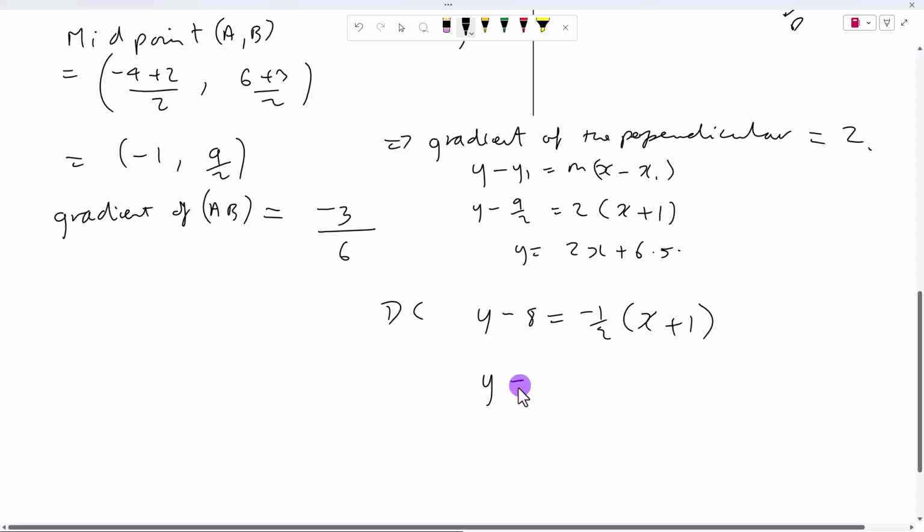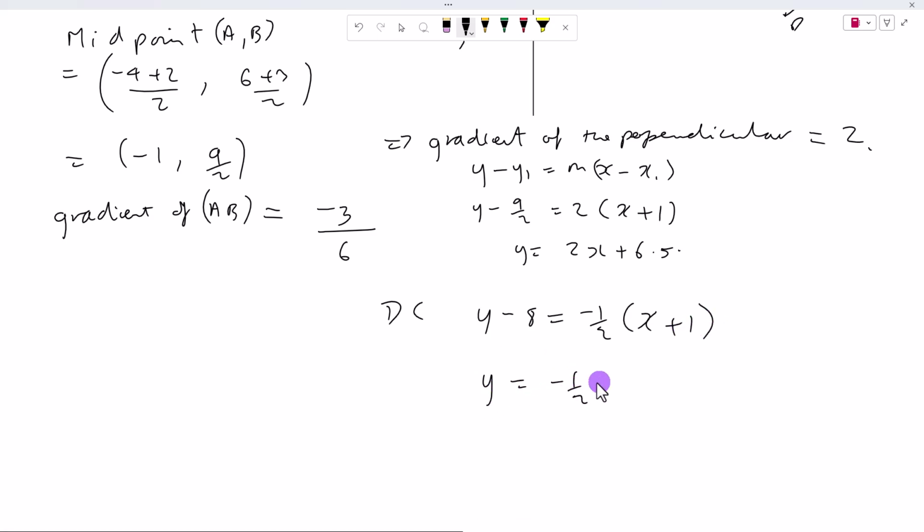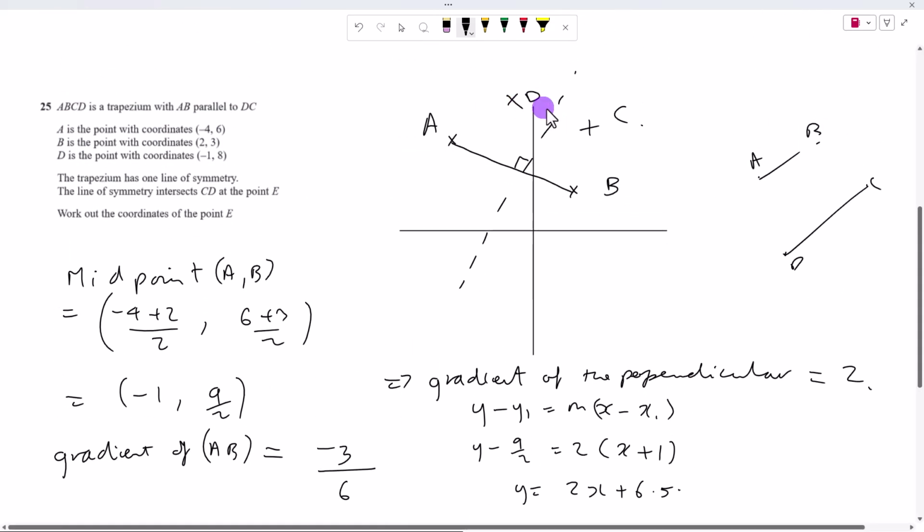So I know that y will equal -1/2 x, that's going to be -1/2 plus an 8 gives me plus 7.5. So that's the equation of my line DC.